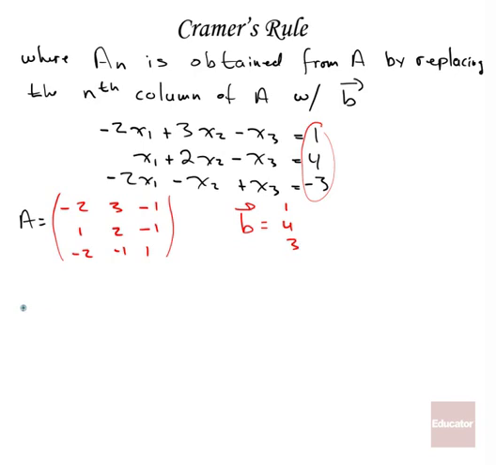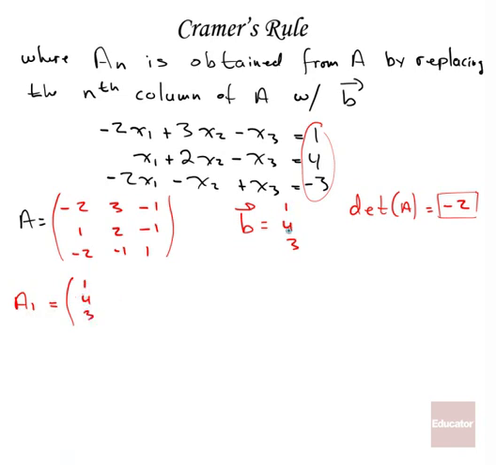Okay, so my x1 is going to equal, now when I take the determinant of this, let's go ahead and write out what we have. I'm not going to go through the process of it. I use mathematical software, and the determinant is minus 2. Now when I take A1, I get A1 by replacing the first column with the vector 1, 4, 3.